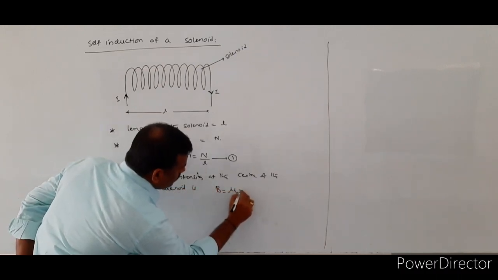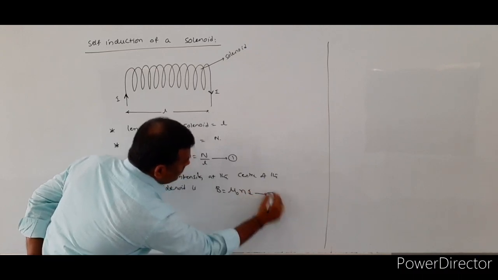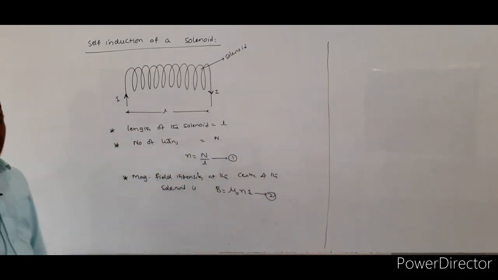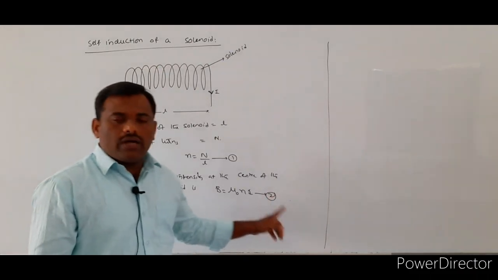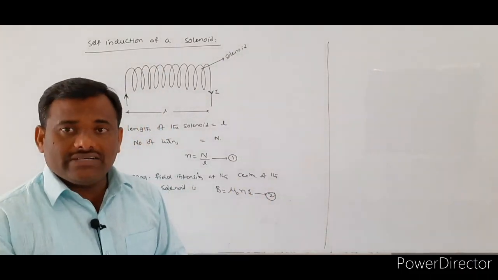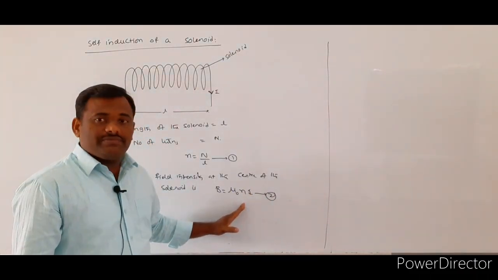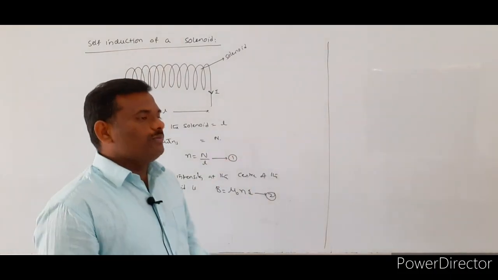B is equal to mu naught n I. Mu naught small n into I, where small n is indicating the total number of turns present per unit length.